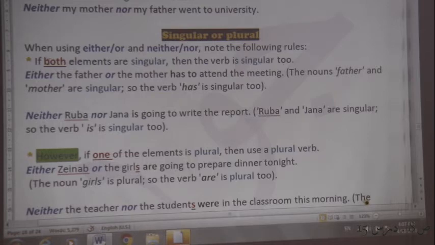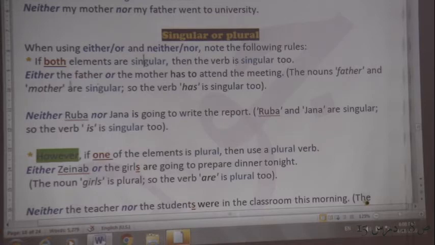If both elements, namely the noun after either and the noun after or, are singular, in this case the verb would be singular too.